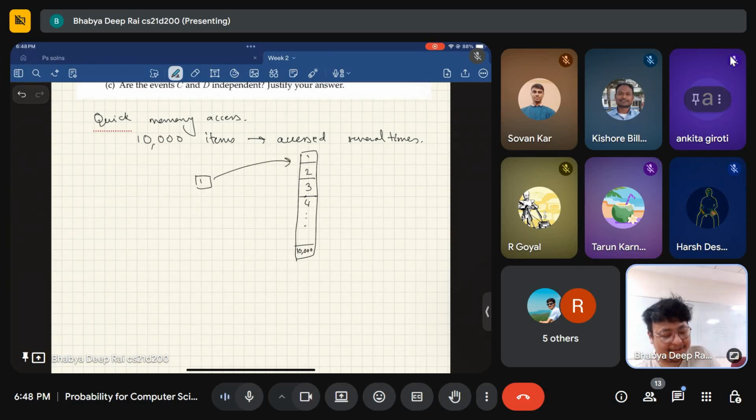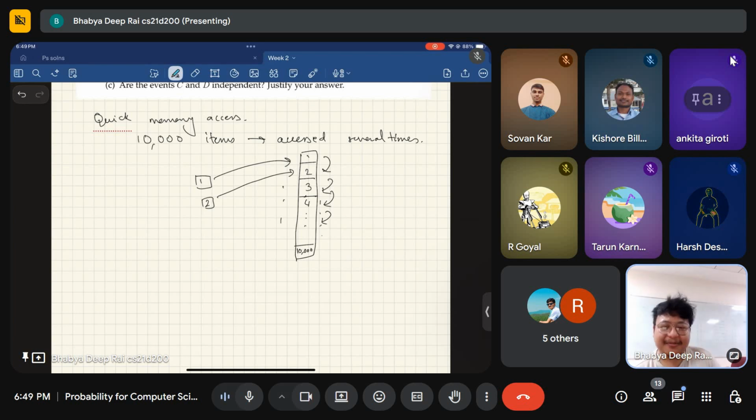If one shows up, you put it in the first slot, and if two shows up, you put it in the second slot, and so on. The issue with this is a high lookup time. Given a random access machine, I agree, but if I'm not given random access, then I need to go through each of them and check.